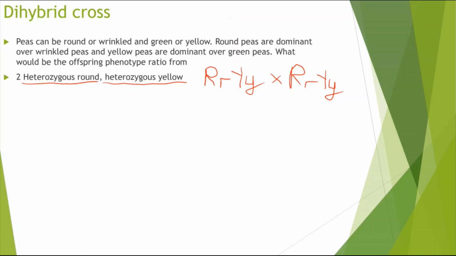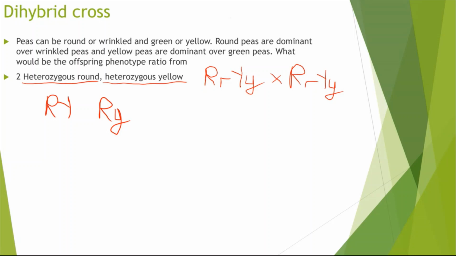First we get the first allele from the first gene, so that would be the capital R. Then the first allele from the second gene, so that would be capital Y. Next, again the first allele from the first gene, a capital R, and then the second allele from the second gene, the lowercase y.